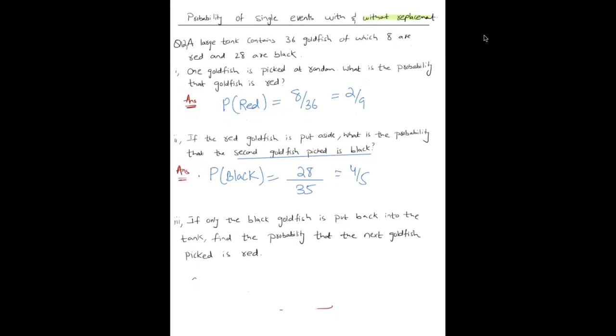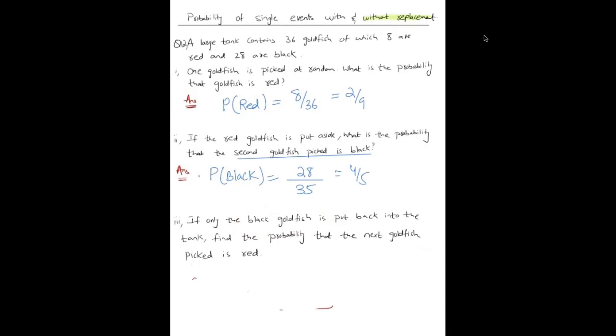If only the black goldfish is put back into the tank, find the probability that the next goldfish picked is red. Now, if you have put back the black goldfish, how many goldfish are in the tank right now? 35.